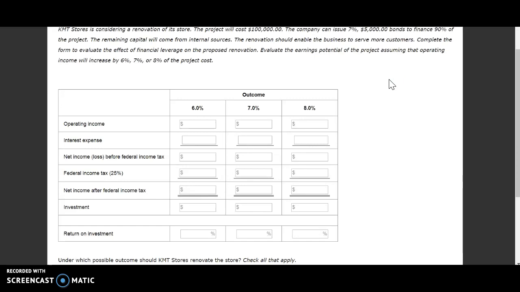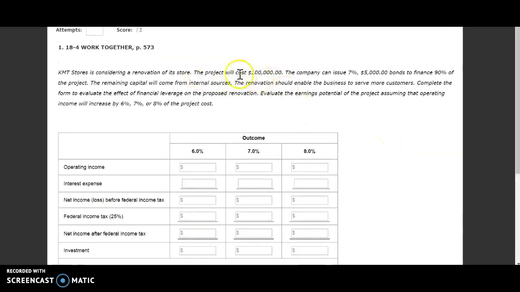Okay, so first thing we need to do is figure out how much our investment will cost. It says the project's going to cost $100,000, but we can issue some bonds to finance 90% of that project. So now we need to figure out what we need to put in on our own.